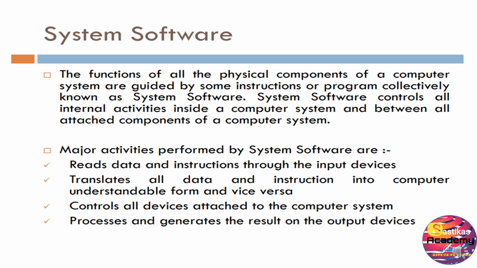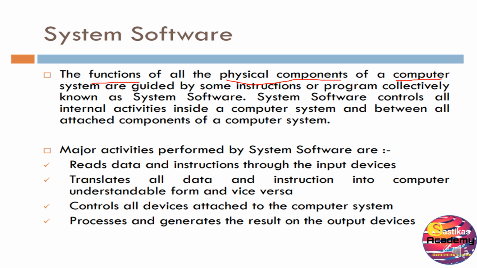And then what is system software? A computer has physical components, a collection of physical components. The components have some functions, meaning some tasks to be performed. Such functions are not done automatically by the physical components.